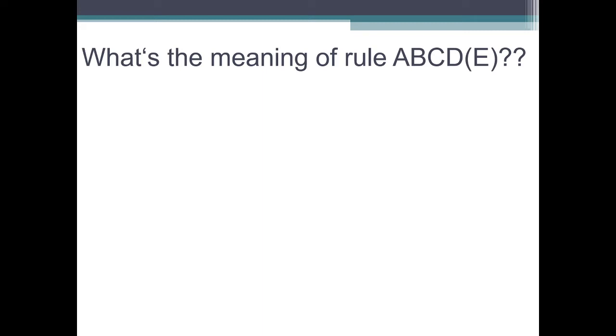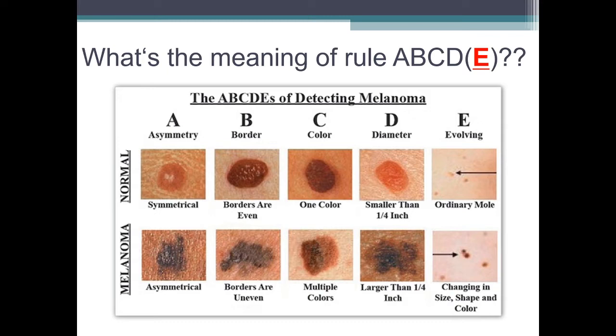So I think that a lot of you know the rule A, B, C, D, E. Unfortunately, E is the most important from this rule, and although sometimes it's just A, B, C, D, I think it's something better than nothing.